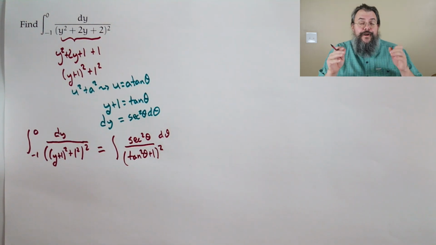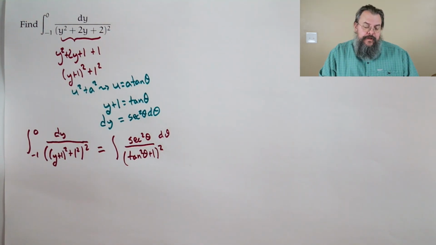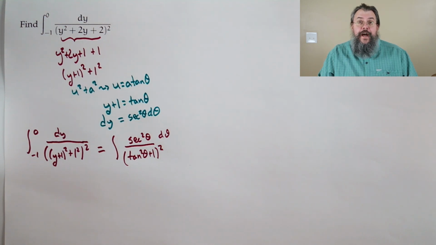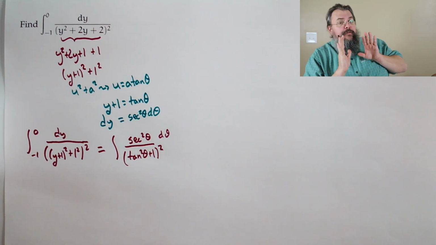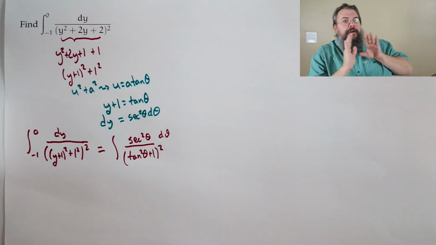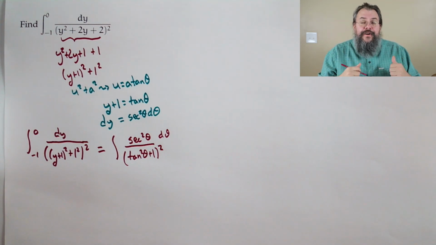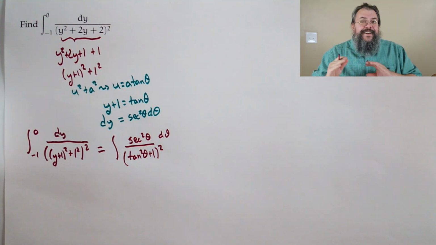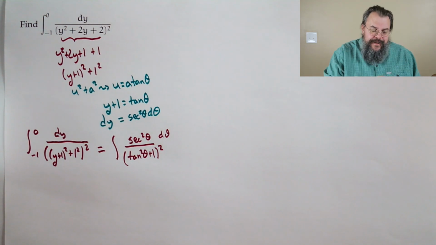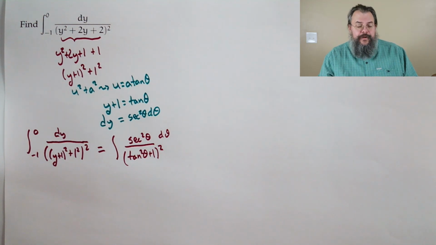Now, the bounds. Oh yeah, the bounds. Don't forget the bounds, because this is a definite integral. Whenever we're doing a definite integral, our philosophy should be always update the bounds, because we're going forward. And the nice thing is, if we update the bounds as we go, we never have to go back. Always looking ahead, which is a wonderful thing about definite integrals.